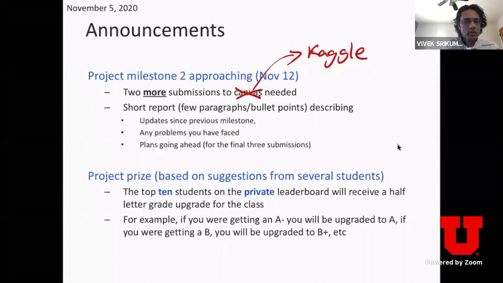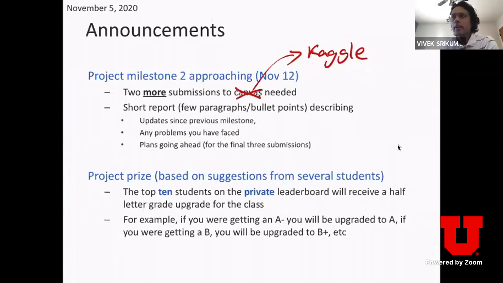The report should describe what you've done since the last milestone, for example, you used a new feature set or something like that, any problems that you may have faced along the way, and what your plan is for the rest of the semester. What kinds of things do you want to try?